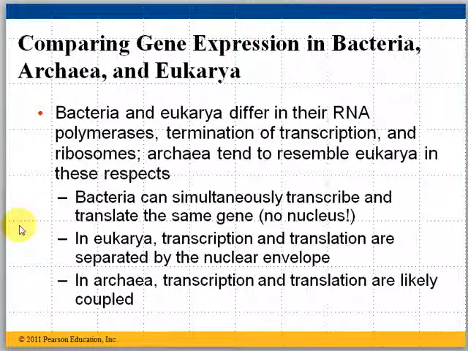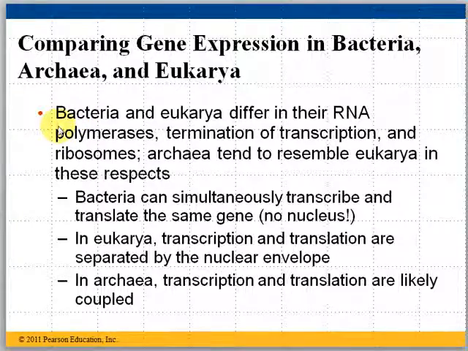We know a lot more about the gene expression of bacteria and eukaryotes than we do the archaea, but we have done some study of the archaea, and we can make a few assumptions based on what we see. Bacteria and eukarya differ in their RNA polymerases, so some of the various enzymes differ. They differ in the way they terminate transcription. Remember, in bacteria, when transcription is done, that messenger RNA is basically ready to go.